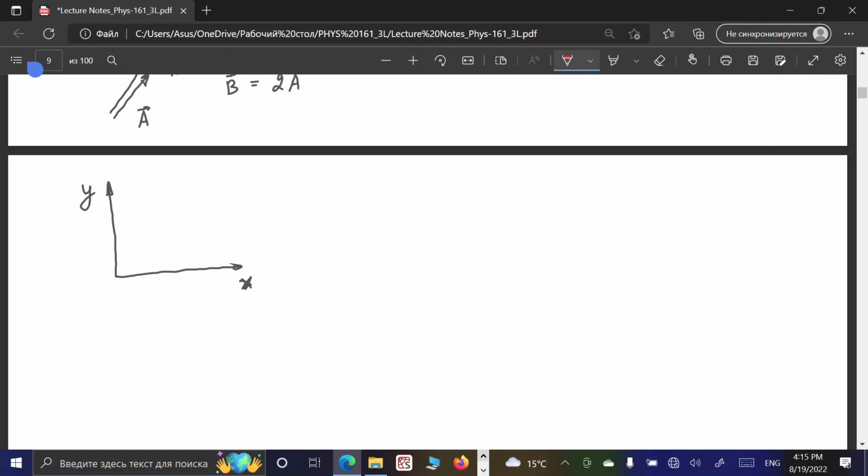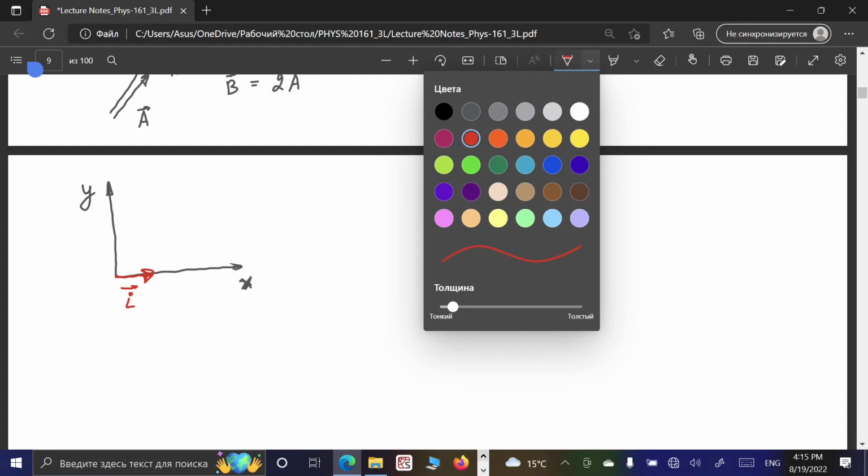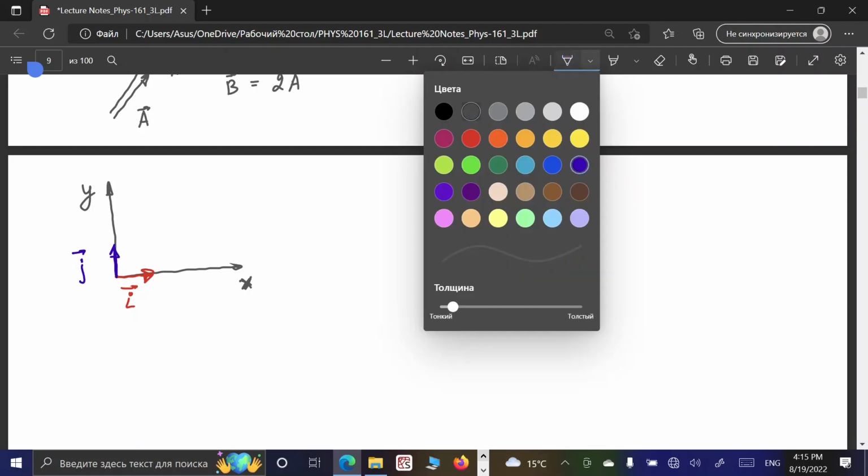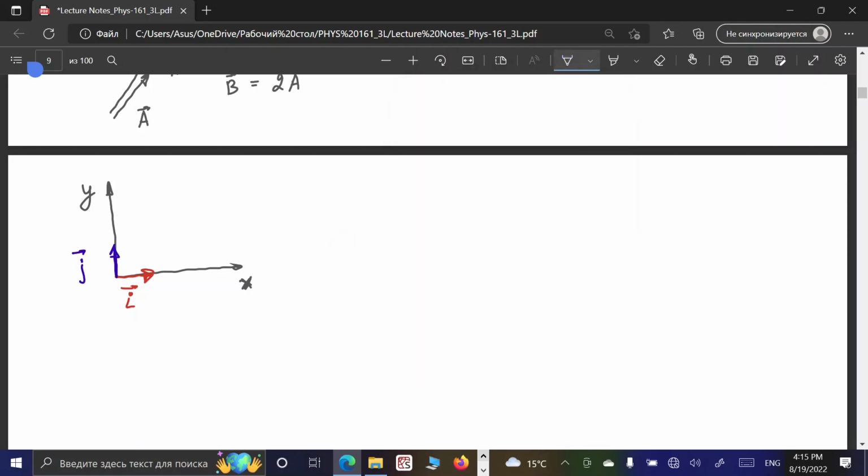So since we already have these two directions of axis x and axis y, we want to have them in the same directions. So here we have some unit vector i, and let it be here unit vector j. So they define the orientation of axis x and y.